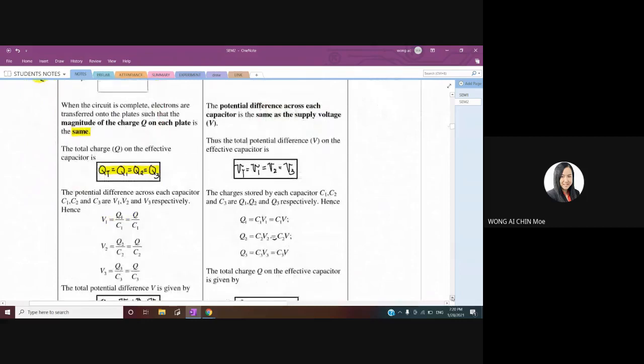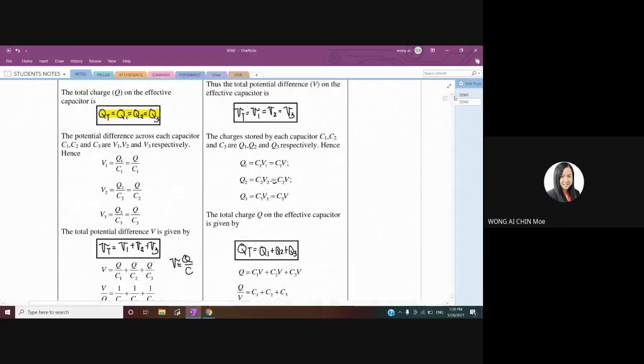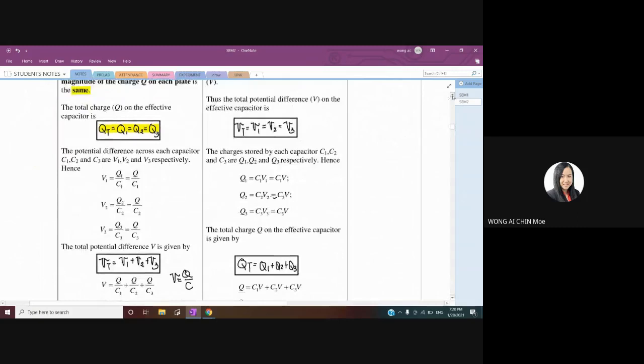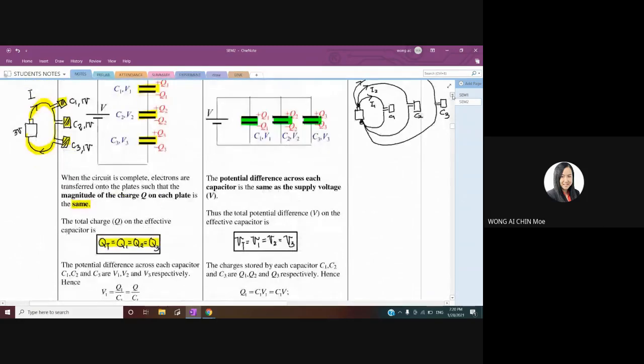Next is the potential difference. We say potential difference is shared because it is one wire. Let's say this is 3 volts, for example. It will be shared among C1, C2, and C3. If C1, C2, C3 are similar, each of them will take 1 volt. So the electric potential is shared, and the total becomes the total potential.